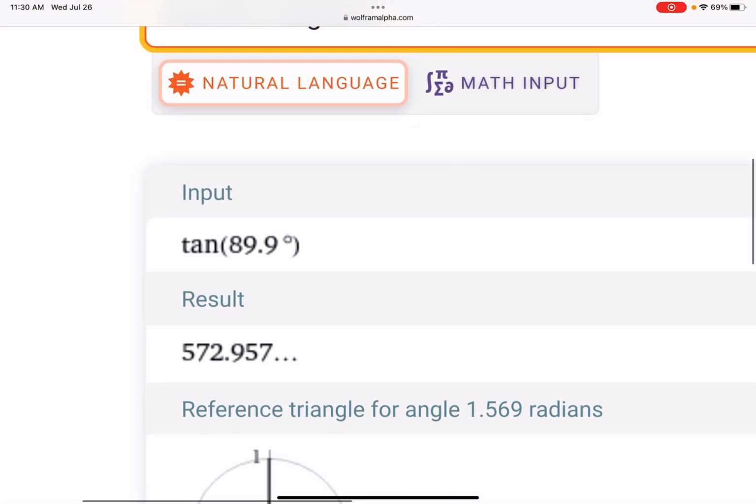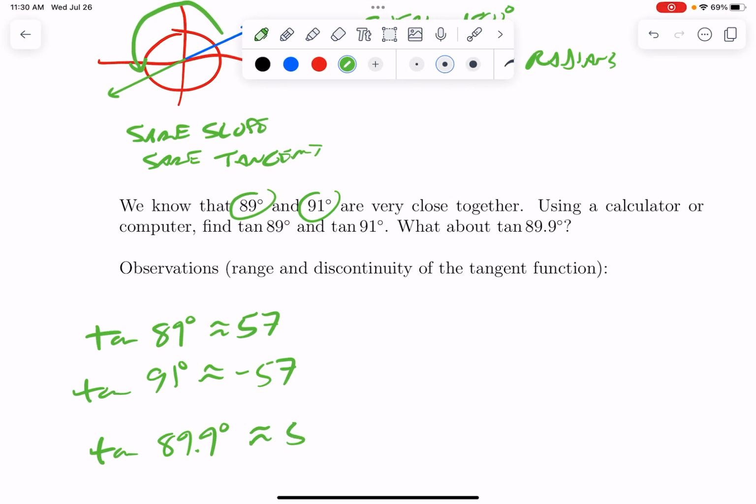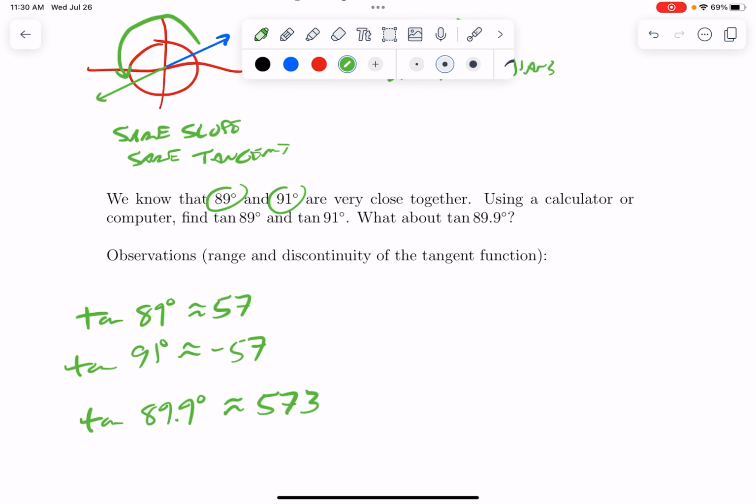That's approximately 573, which is enormous. So what happens with tangent is if we move the angle really, really close to something like 90 degrees, we can get very big values.